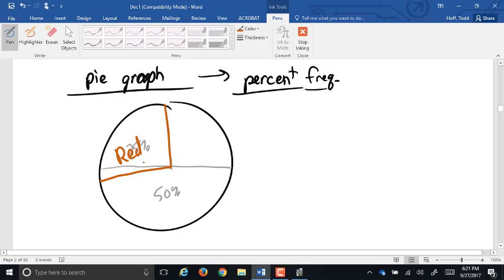We had, what, 33%? That's going to be a little bit bigger than that. Looks like that. That'll be our blue. The rest is green. Notice green is still bigger than the others. That's close enough for our purposes. We don't have to be exact with it.